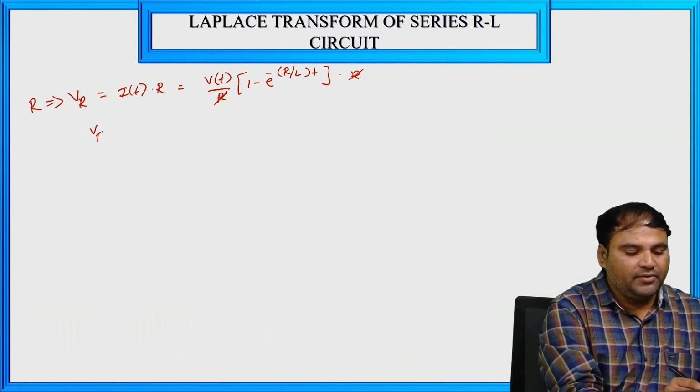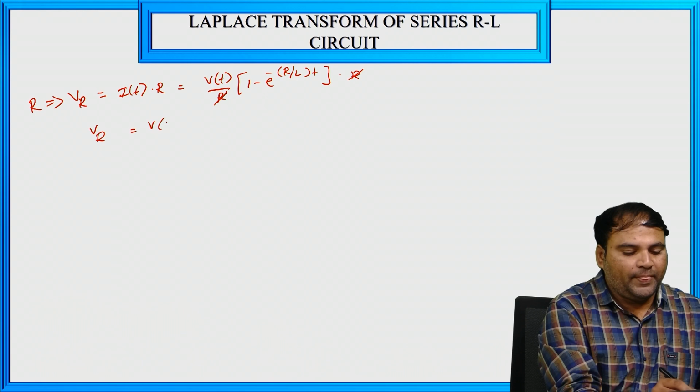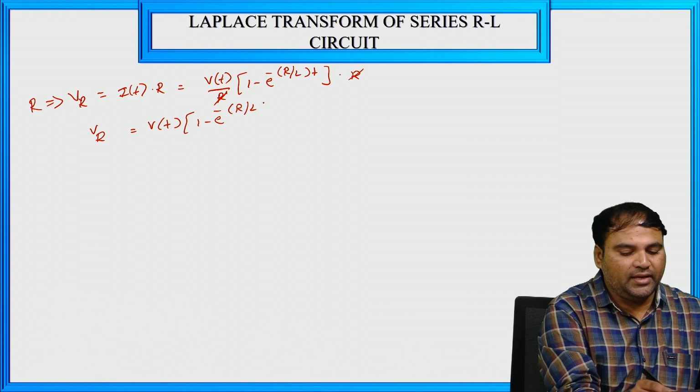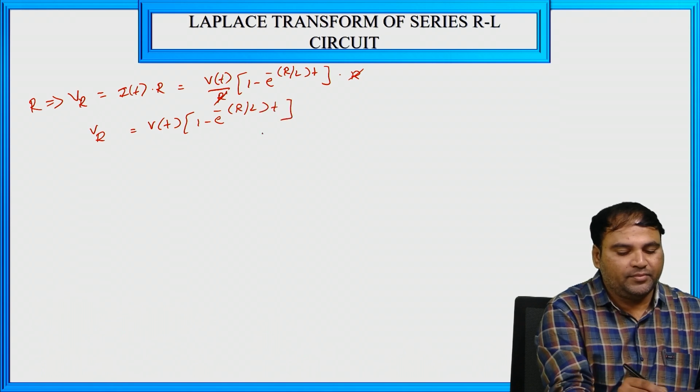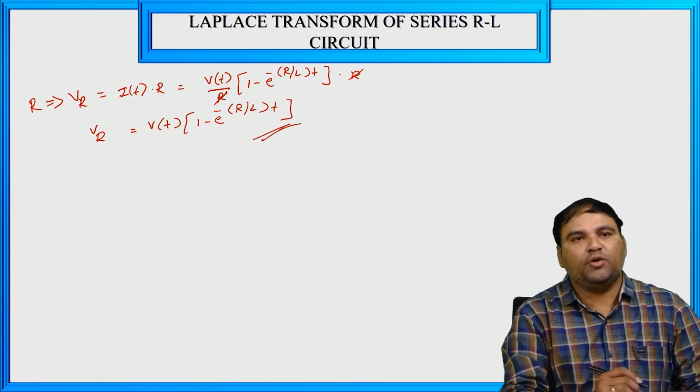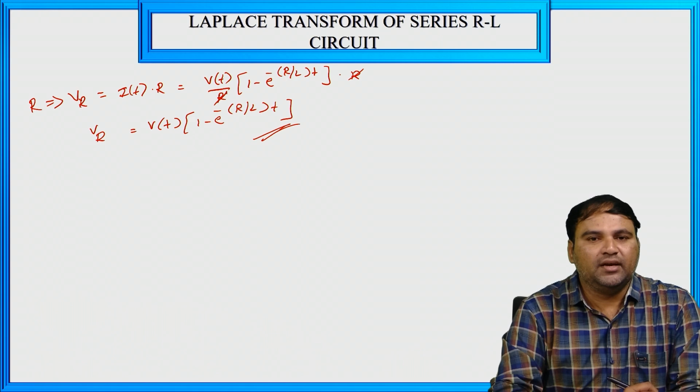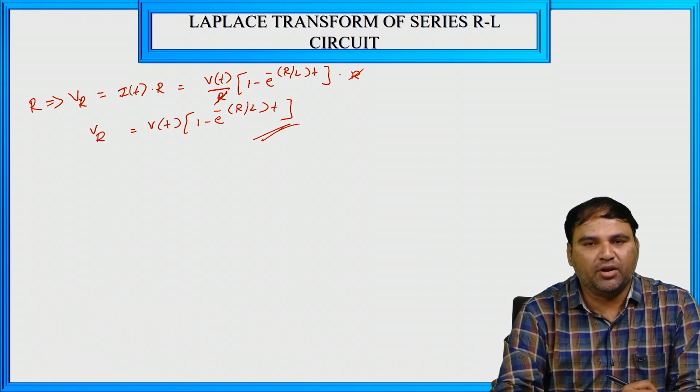We'll get VR equal to V of t into 1 minus e power minus R by L into t. This is the voltage drop across the resistor R. VR is equal to V of t into 1 minus e to the power of minus R by L into t.